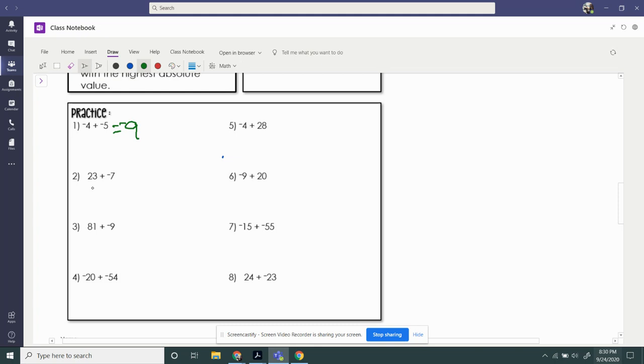Number 2, 25 plus negative 7. Well, we ignore the signs and take 7 away from 25, and 25 take away 7 is 16. Hmm, excuse me, 23 take away 7 is 16, and the sign will be positive because the larger number, the 23, has a positive sign.